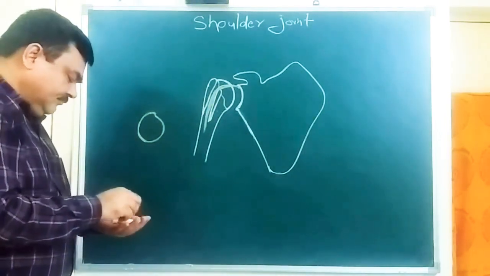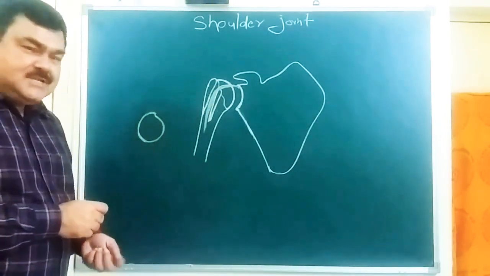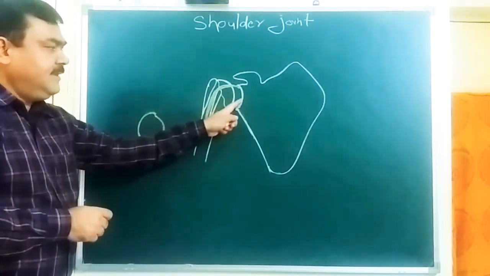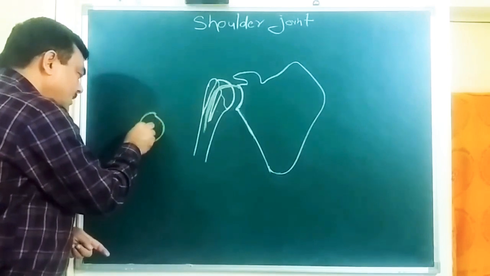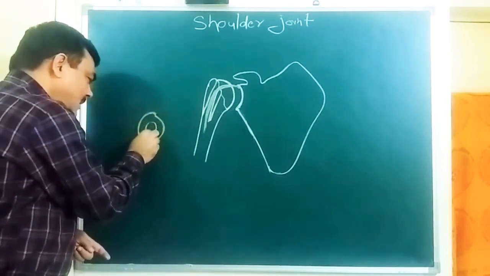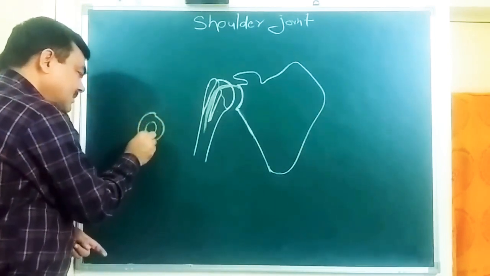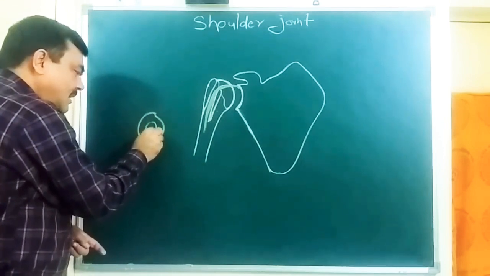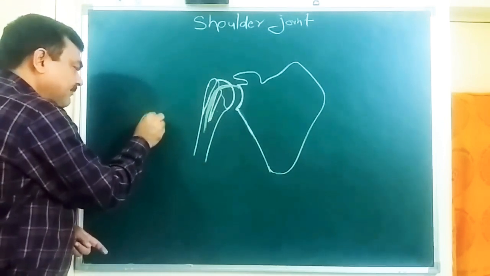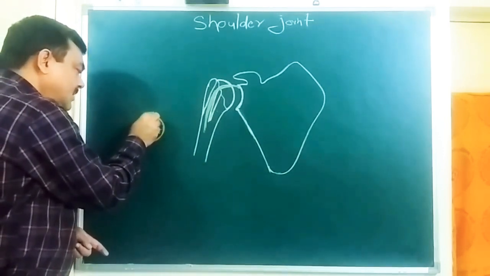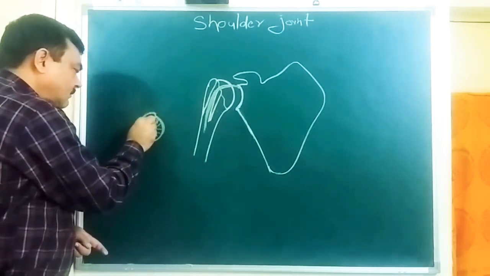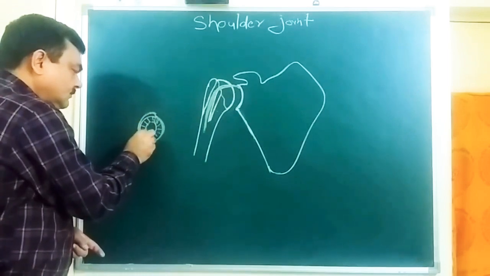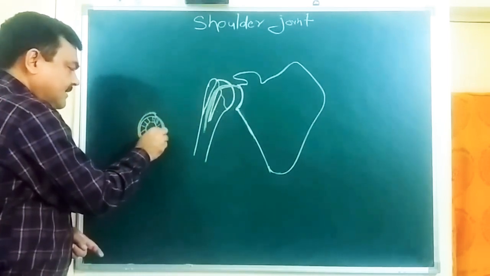Another thing, at the margin of this glenoid cavity, glenoid labrum is attached. This is a fibrocartilaginous rim. This is glenoid labrum.